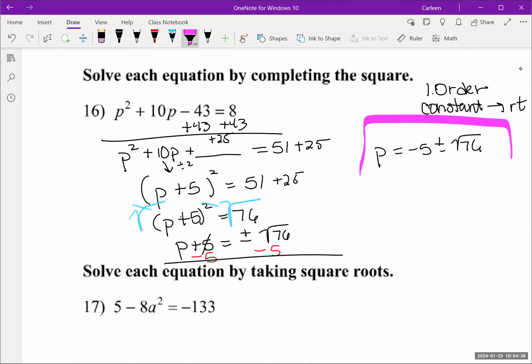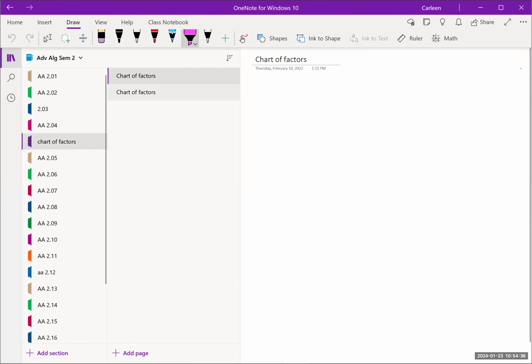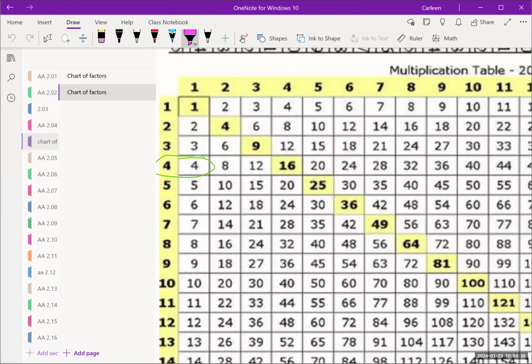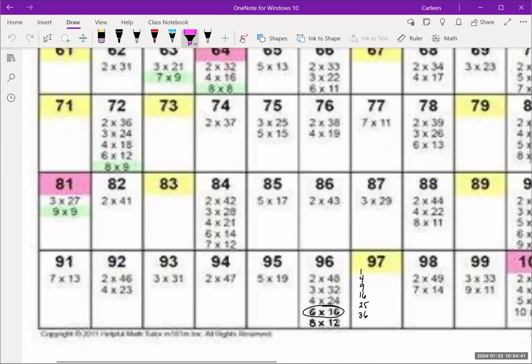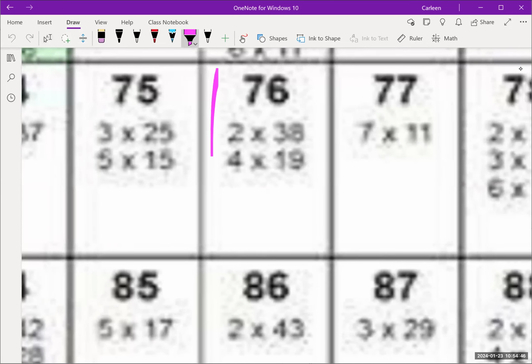Let's check the 76. Okay, so let's go to the chart of factors and look at 76. Does 76 have any factors that are perfect squares? Is 2 a perfect square? No. 4 is a perfect square.